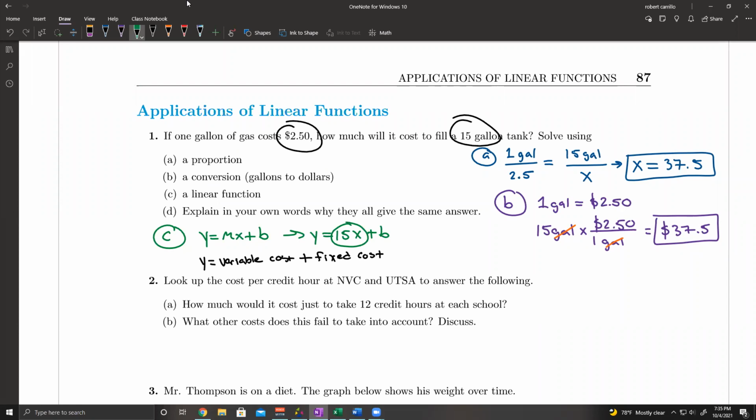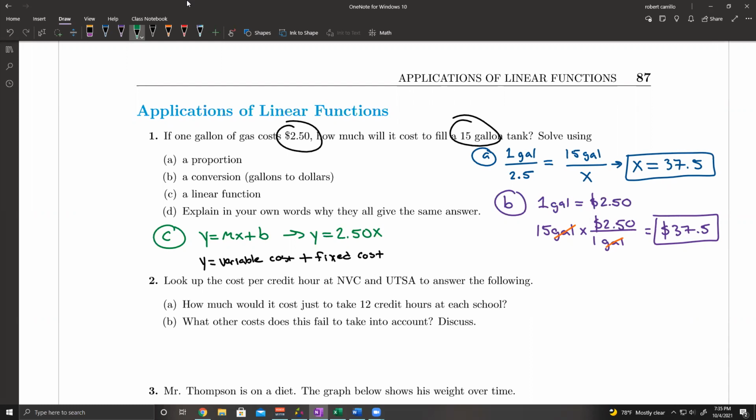No, because how much does it cost per gallon? $2.50. Okay. So instead, we're going to put in that 2.50. So you would get y equals 2.50x. And our fixed cost here is just going to be 0.